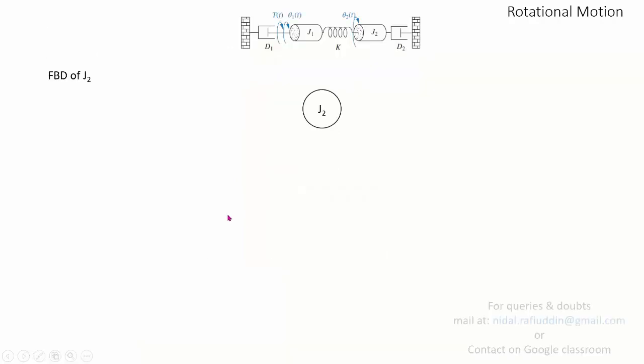Now, if we try to draw the FBD of mass m2 having moment of inertia J2, the acting torque will be because of the spring K attached to it. Since you're applying torque to this system at J1, J1 will rotate anticlockwise, will cause this spring to have a motion anticlockwise, and thus this spring will exert a torque on J2 anticlockwise in this manner.